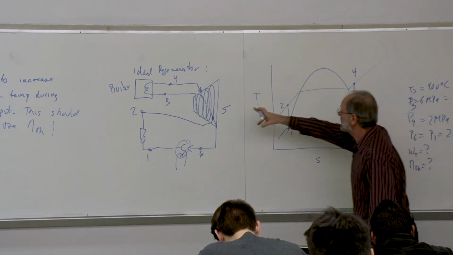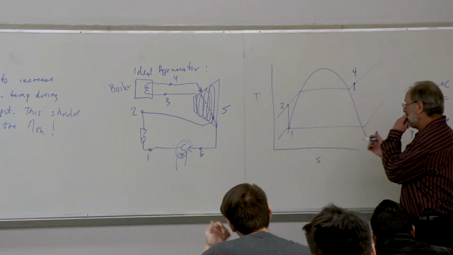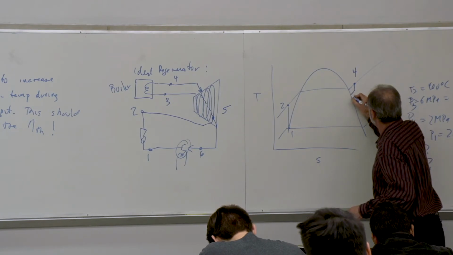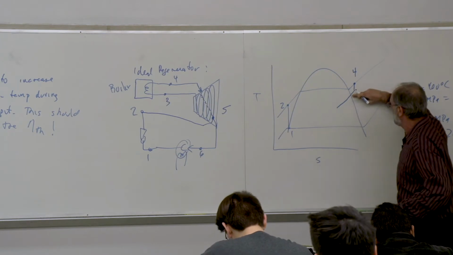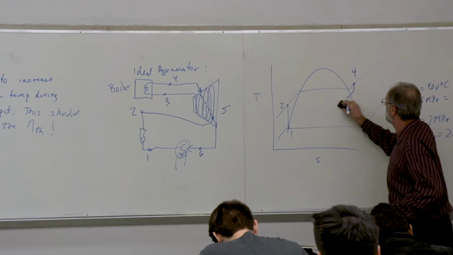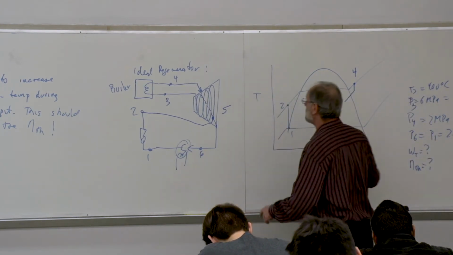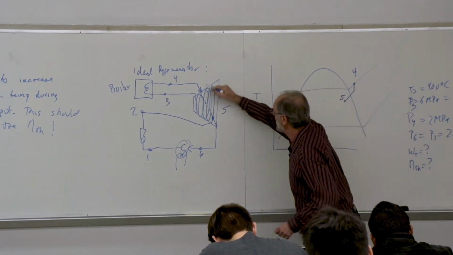So we still have isentropic expansion through the turbine, but we also have heat exchange taking place. So we're going to actually start moving kind of at an angle. We're going to de-superheat right away, and then as we continue to exchange heat, eventually we're going to end up in the two-phase region. And then eventually we're going to get here to point 5, and that's where the windings end.